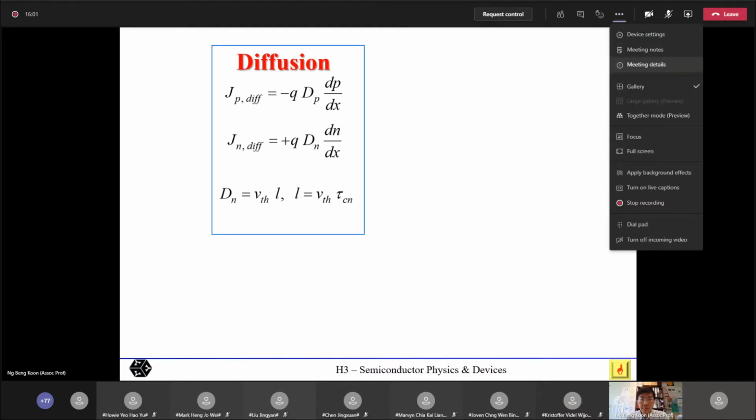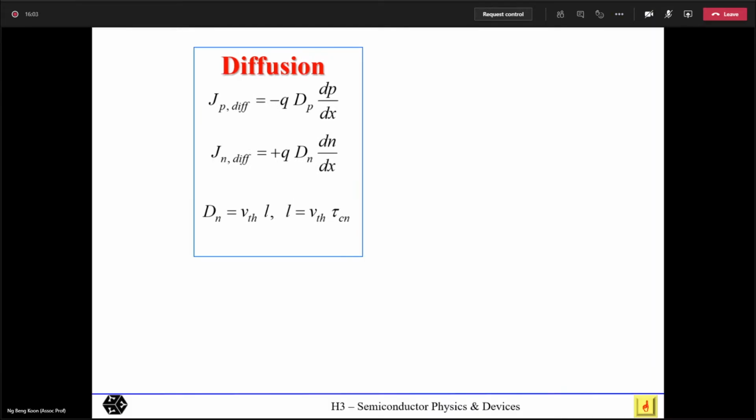We derived two current density equations for the diffusion current for holes and electrons, and we see that this is proportional to the gradient of the concentration in the semiconductor. And we noted that there is a difference in the sign in the equation, where in the case of the holes, the sign that you get in the diffusion current is negative. In the case of electrons, it's positive.